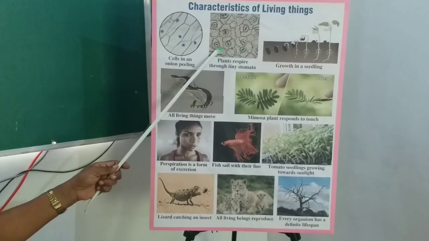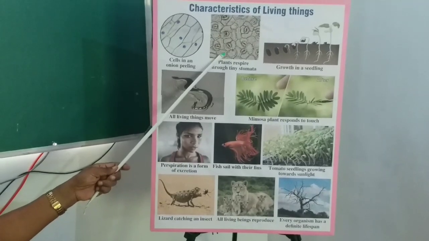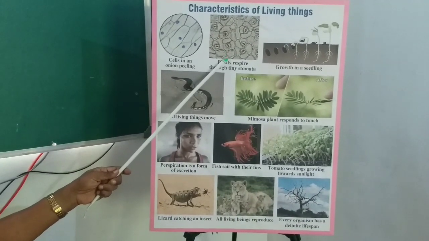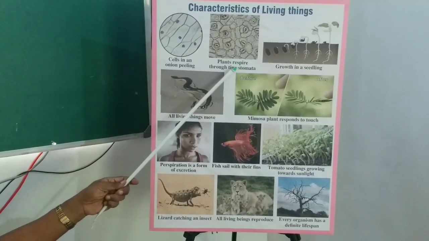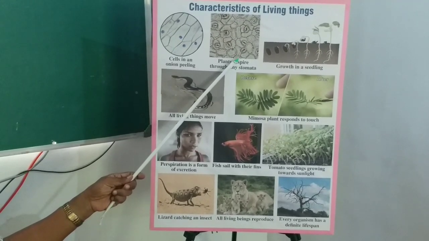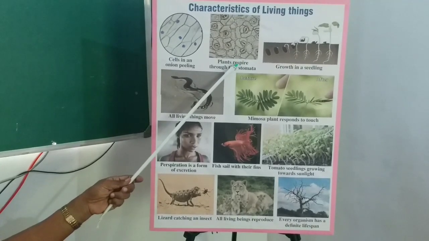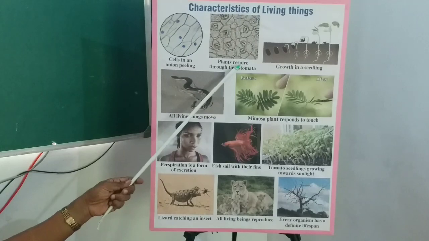Coming to the second, all plants, animals respire. We human beings respire with the help of our lungs. We take in oxygen, we breathe out carbon dioxide. Oxygen is required for our life. Otherwise we don't survive.